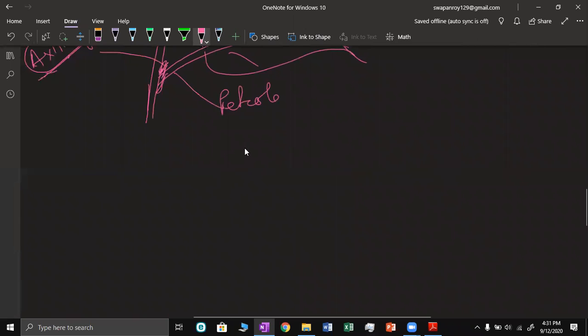So at the axil of a leaf, there is an axillary bud.